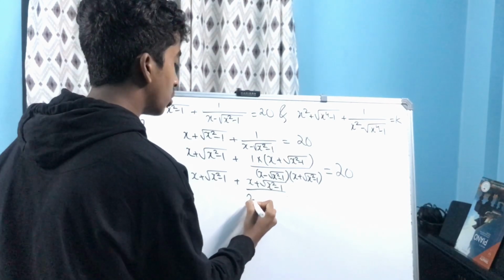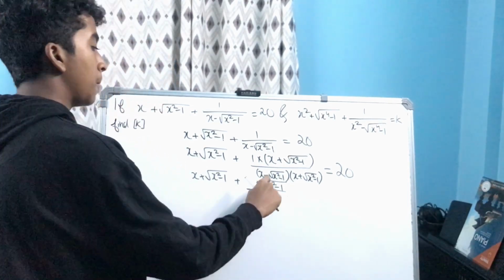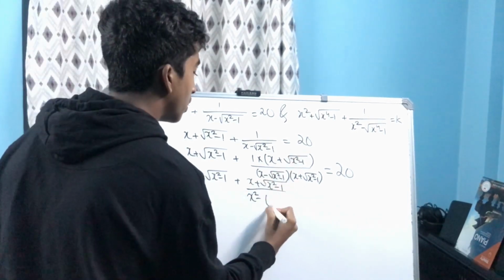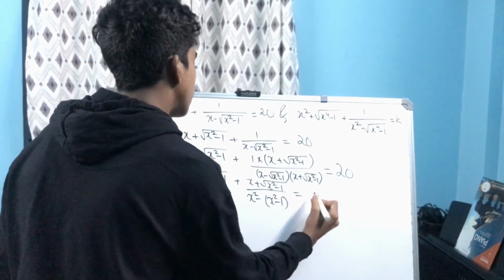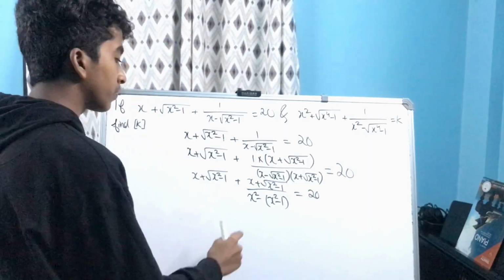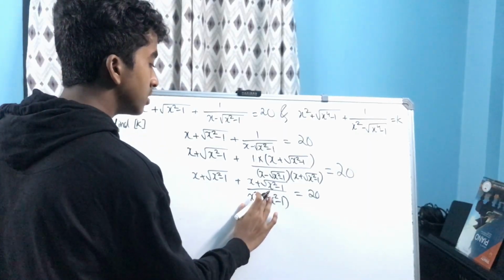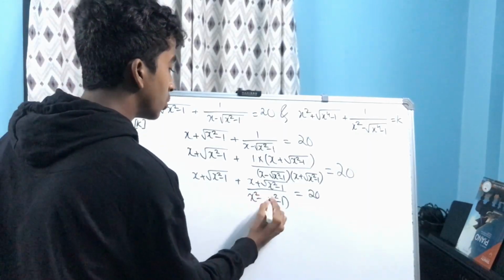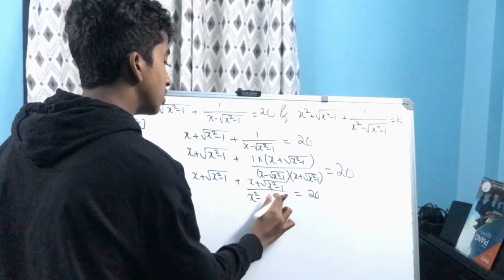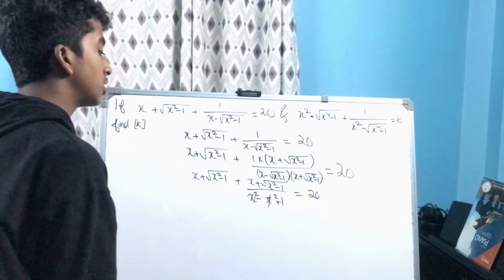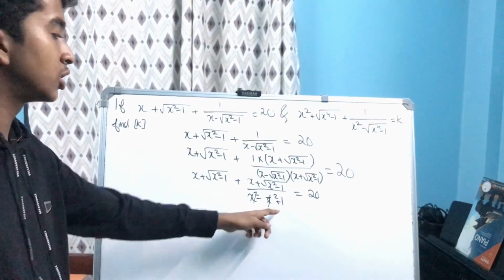Here a is x, so we have x squared minus b squared, which is x squared minus 1. Here, if we expand this, x squared minus x squared plus 1, which is just 1.